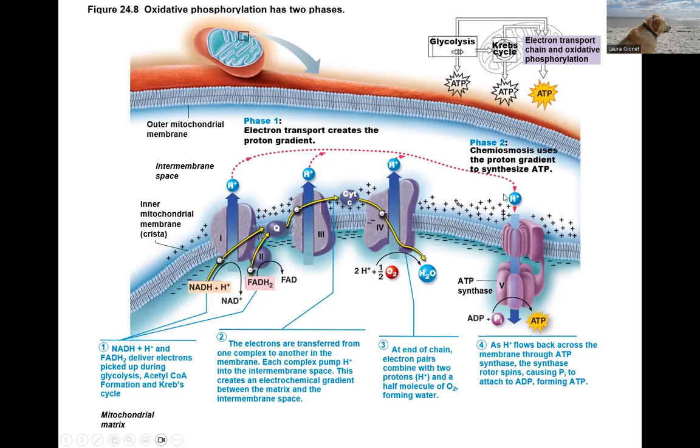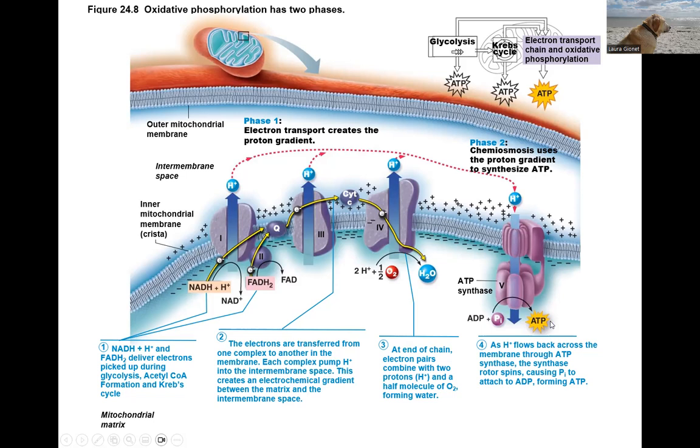Toward the end, over to the right-hand side, you see this funny little molecule here. To me, it looks like a turnstile, like you're going through the turnstile to get on the subway in New York. The hydrogens are going to fall through here, and that will create the energy to bind together an inorganic phosphate to ADP and produce ATP.